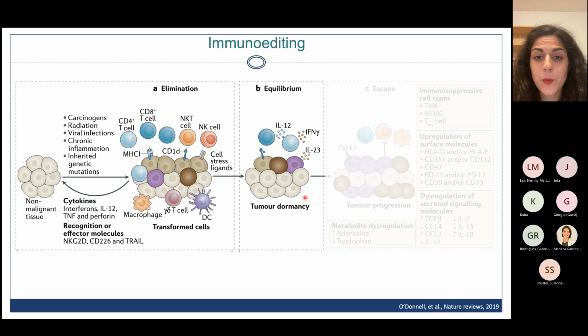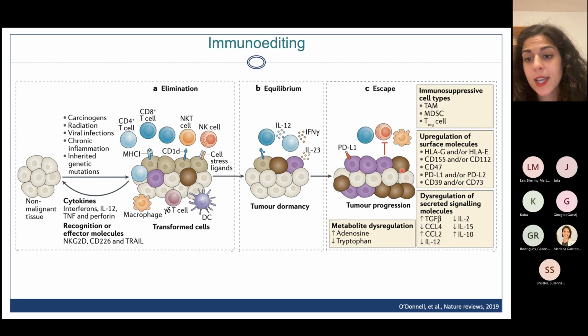But mainly, when you have the equilibrium phase, some cells will still maintain their proliferative property. So in this case, you will have highly adaptive cancer cells that are not seen by the immune system, or worse, that induce the inhibition of the immune system, because they will produce lots of molecules that will dampen the immune system.